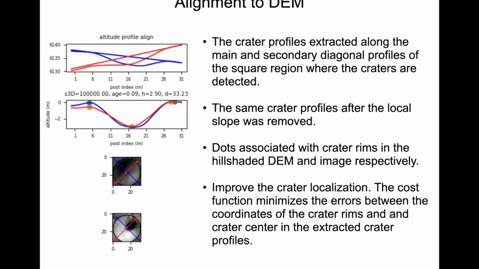In doing so, we have an optimization function for which the cost function is the minimization of the elevation of the crater rims and crater center in the two profiles.